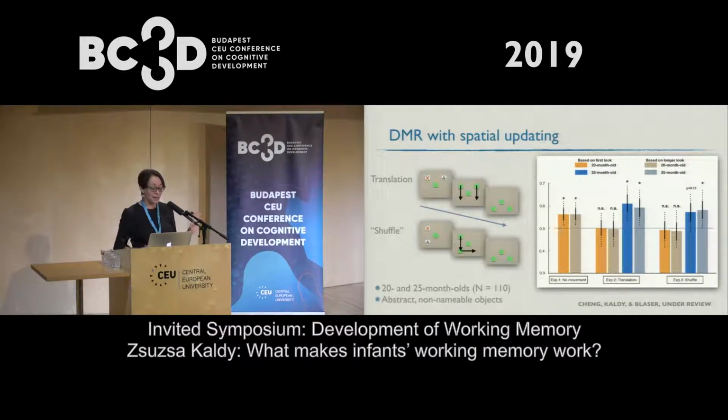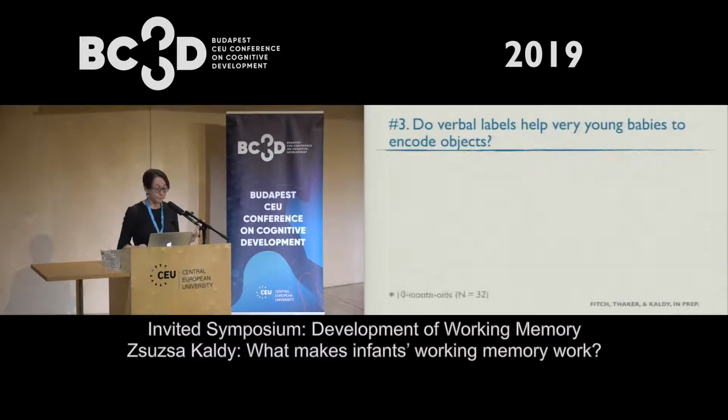They're absolutely at chance. That's what these pairs of bars show for the 20-month-olds, but the 25-month-olds can do this. In both movement conditions, there was a slightly bigger effect size with the translational movement, which seems to follow our intuitions. It's a little bit easier for the 25-month-olds, but they could actually do both of them.